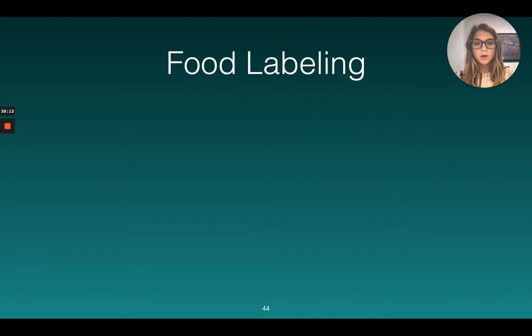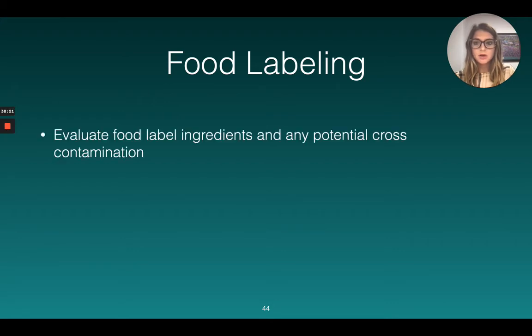And lastly, we're going to go over food labeling to discuss the role of food labeling in allergies. It is important for caregivers, if someone does have an ingredient or a food allergy, to evaluate the food label ingredients and any potential cross-contamination.